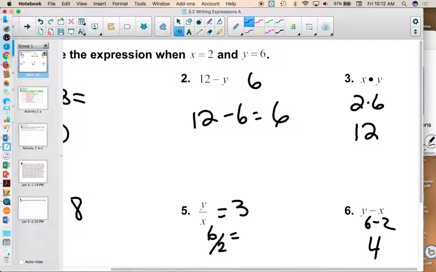You will write mathematical expressions. Got it. That's our goal. If you want to go in and put the correct answers on that first page of your notes, that's fine.